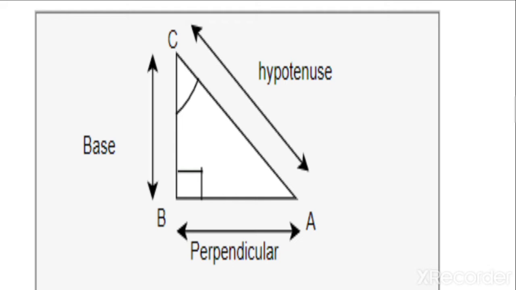That means the side just opposite to the angle you are measuring is the perpendicular, and of the two arms of that angle, here CB and AC, one is the hypotenuse, which is known to you, and the other one would be the base. Understood? So these are the three simple tricks you can use to find the hypotenuse, the base and the perpendicular in a given right angle triangle.